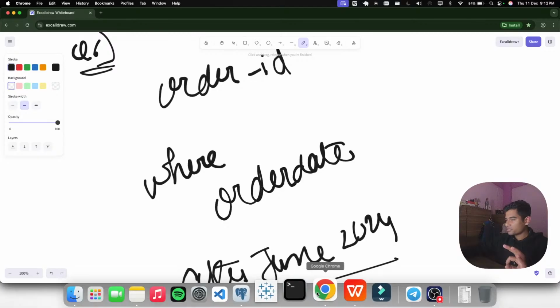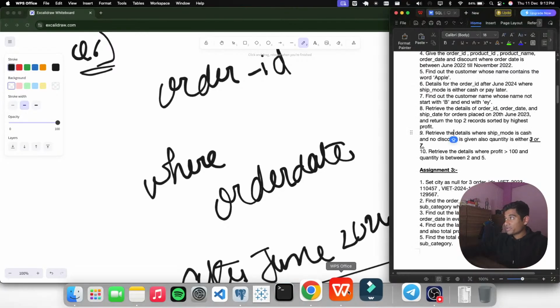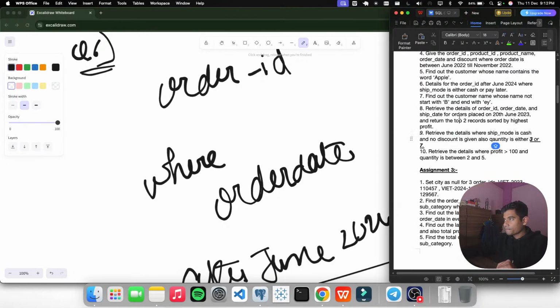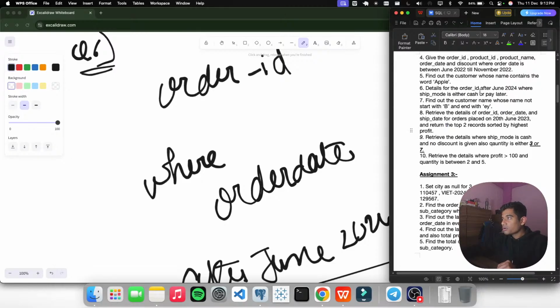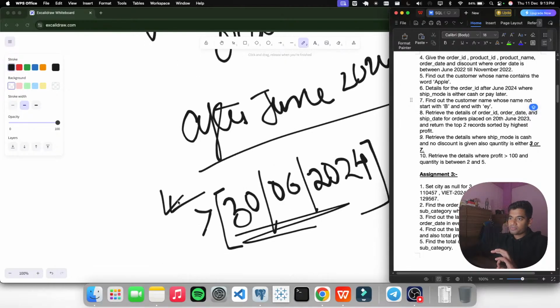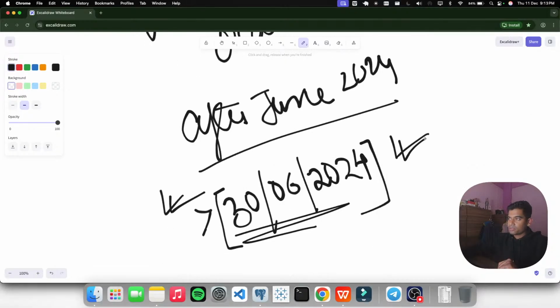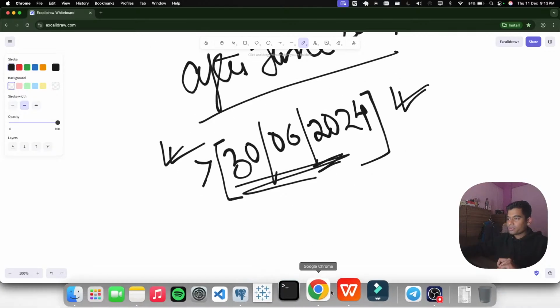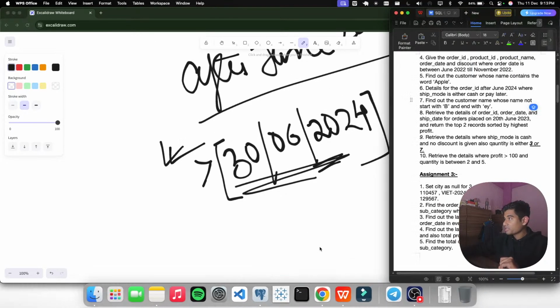This is the first filter that we have to apply because they have told order after June 2024. Right. So this is the first thing we have written and we will present this thing in the query. But it is not the only thing that we have to do in this question.